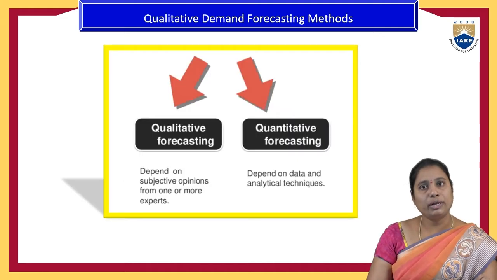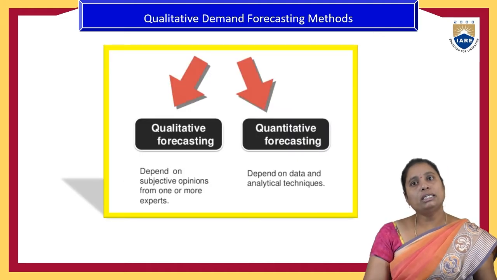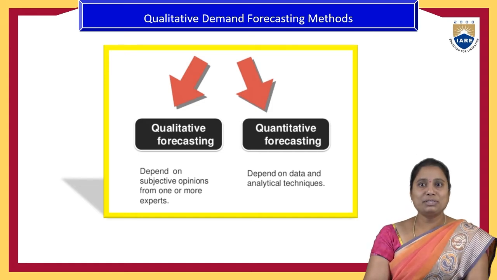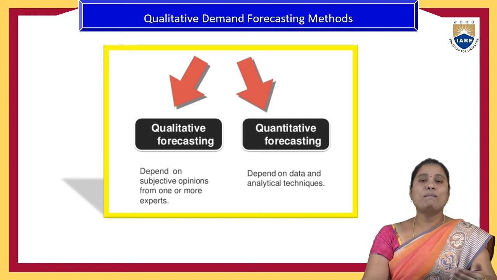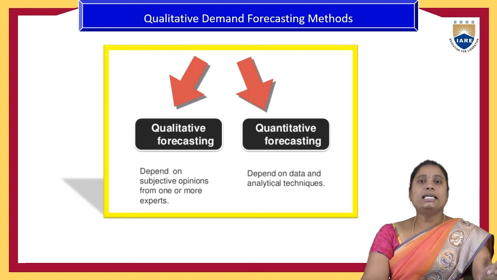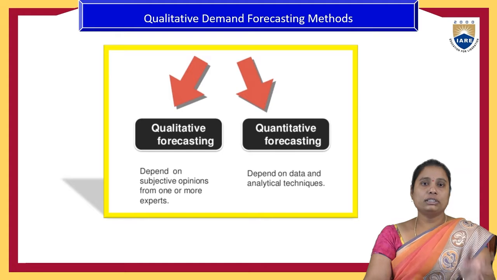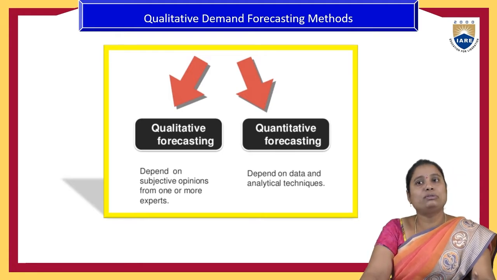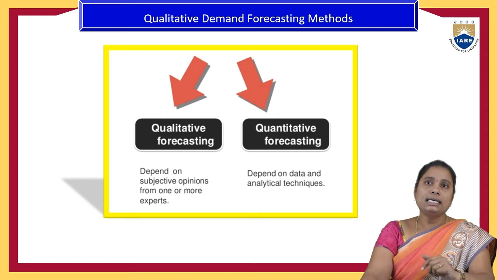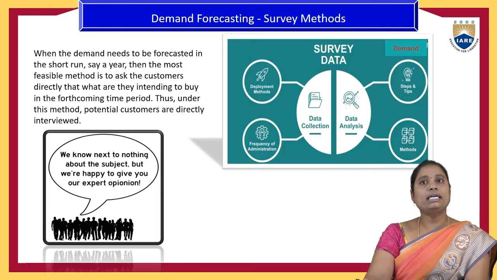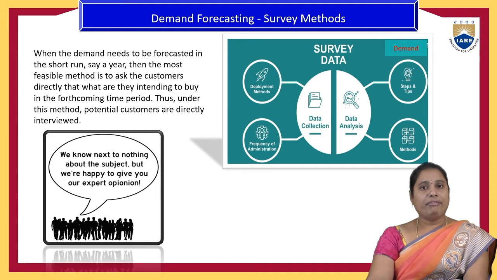discussion on this. As we know, qualitative forecasting depends on the subjective opinions of one or more experts. That is based on their intellectual knowledge or intellectual opinions. If it is quantitative forecasting, it depends on the data and analytical techniques. So first we will discuss the qualitative elemental factors.